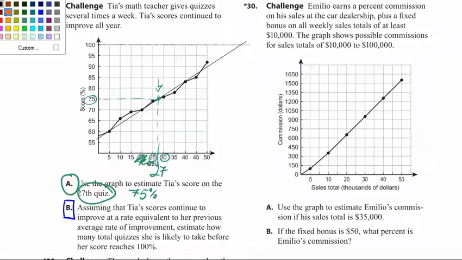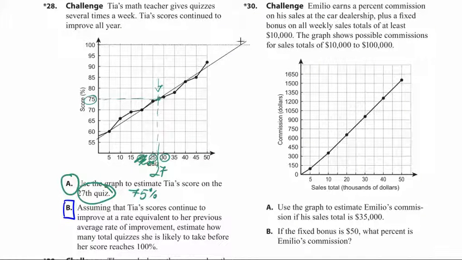Let's use red for it. I said red, but I have blue. Hold on, okay. Red. This is the line that will most likely approximate the point in time where Tia's score will reach 100%, if it will ever happen, right?